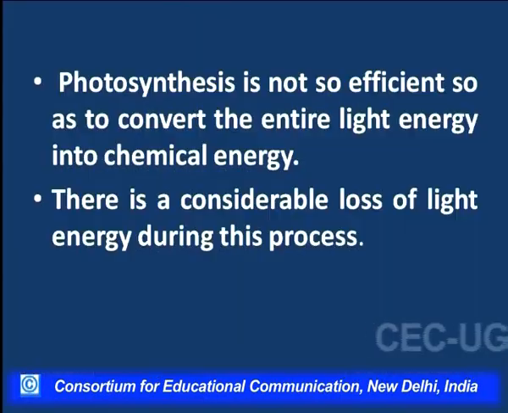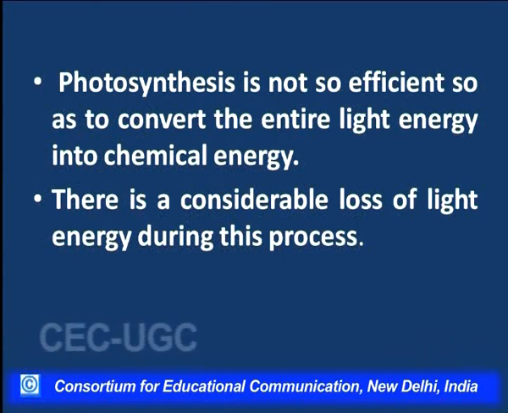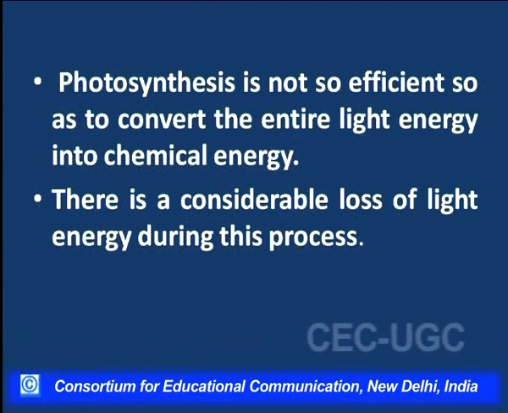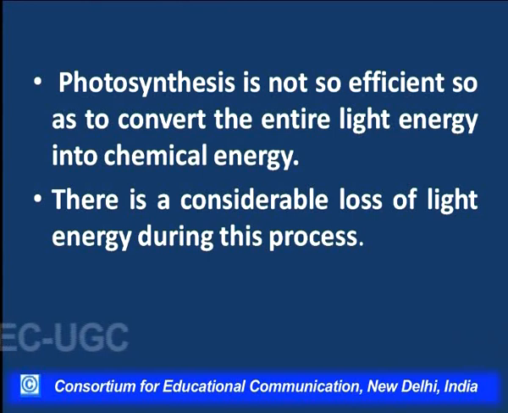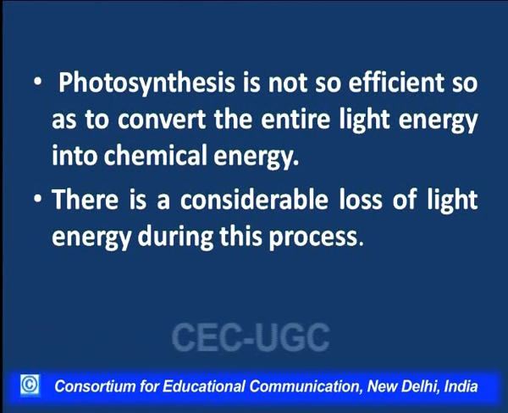Photosynthesis is certainly not so efficient as to convert the entire light energy into chemical energy. Forget about a biochemical pathway, even no machine can show 100% efficiency, because there is a considerable loss of energy during the process, which we had seen earlier also. A lot of energy is lost as heat and useless forms of light.